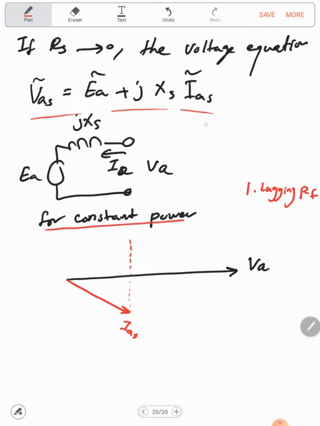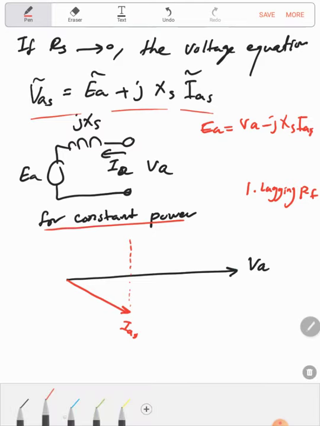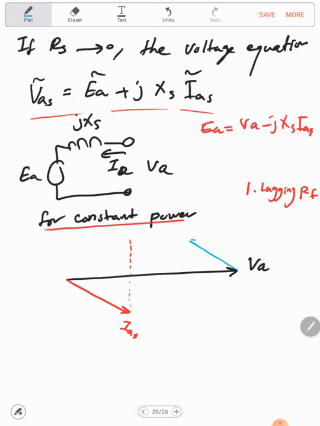So EA will equal to VA minus J XS IAS. So this will be the minus XS IAS, and J will rotate this vector 90 degree, pi over 2.